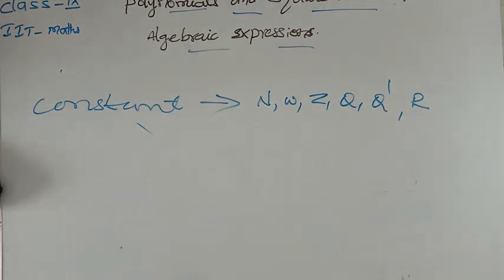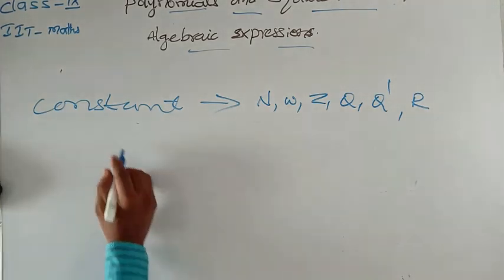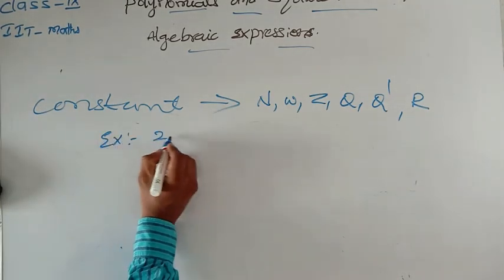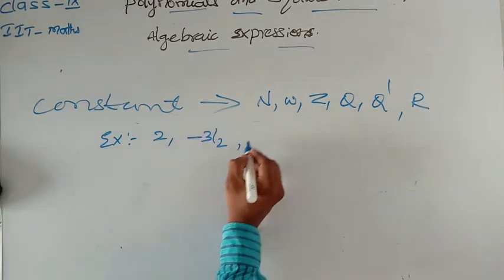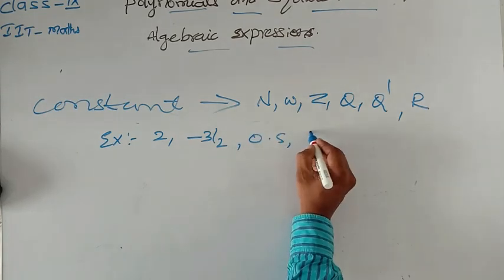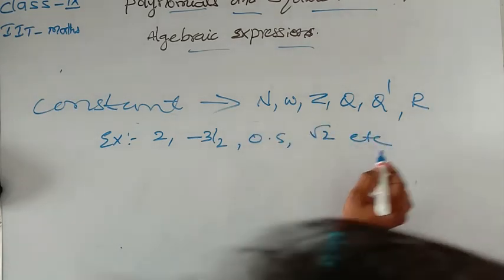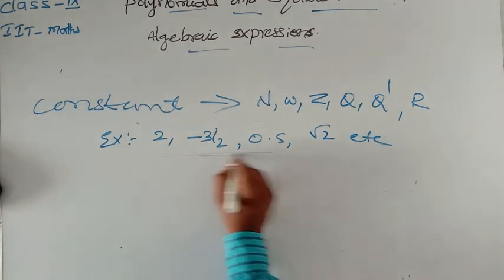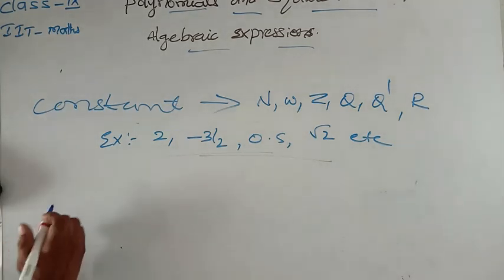These numbers are called constants. Example, 2, minus 3 by 2, 0.5, root 2, etc. These are called constants. And the next is variable.